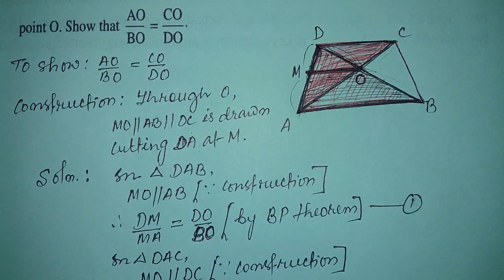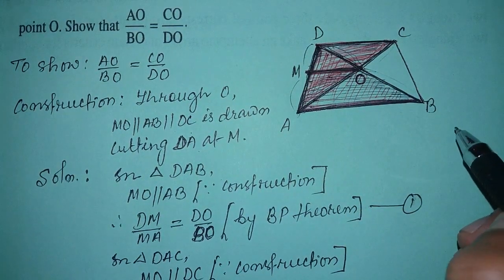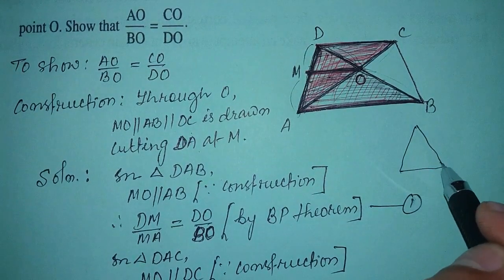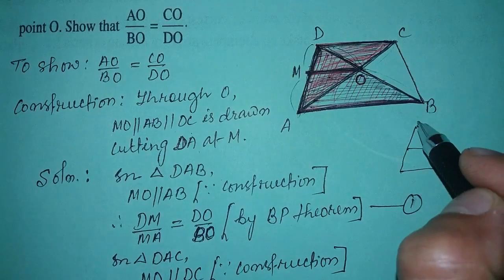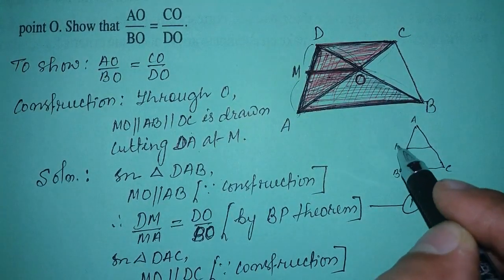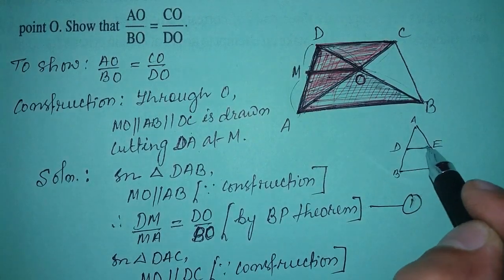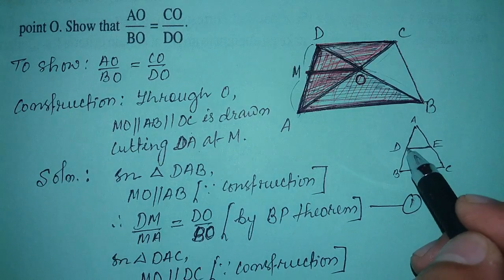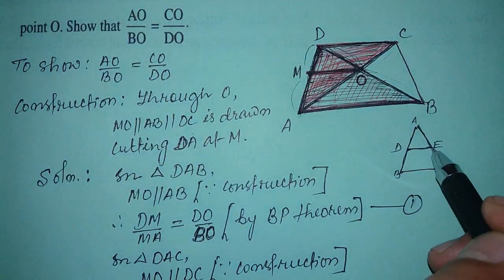Now here you should not get confused. The basic proportionality theorem says, let's say this is ABC and let's say this is DE. Now if this line and this line are parallel, then the ratio AD by DB is equal to AE by EC.